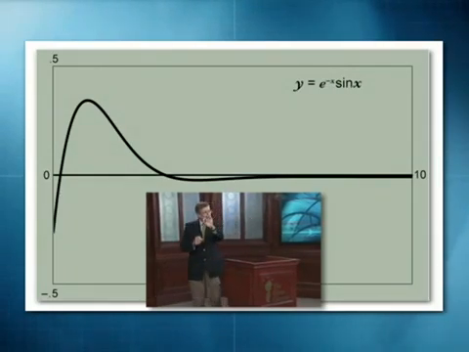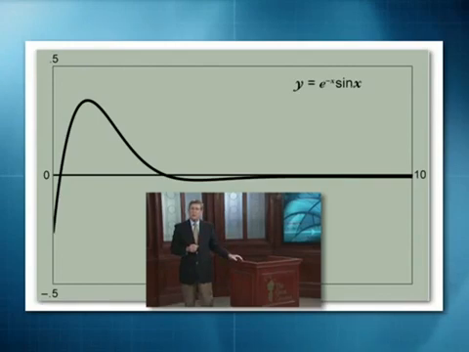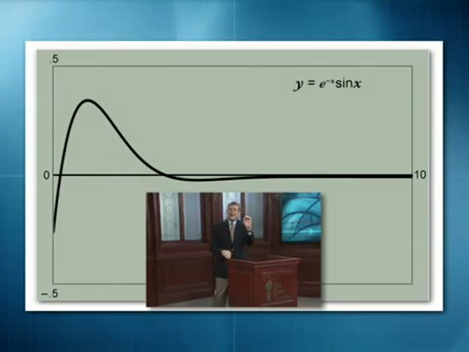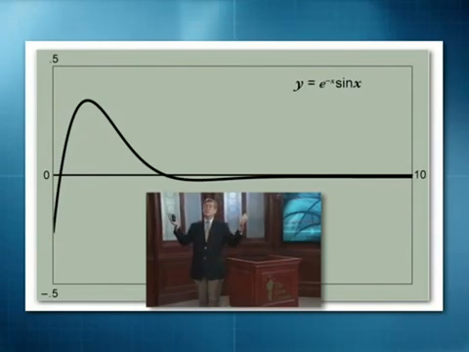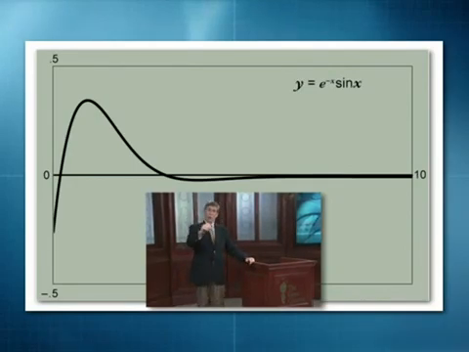Now, why does it have that horizontal asymptote at 0? Well, look what happens when x is really big. When x is really big, sure, sine x is between minus 1 and 1. That's okay. But the e to the minus x, when x is really big, imagine x, say 1,000, that's e to the minus 1,000 power, or 1 over e to the 1,000.